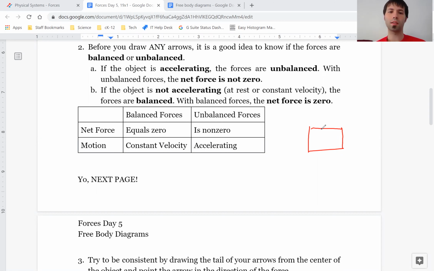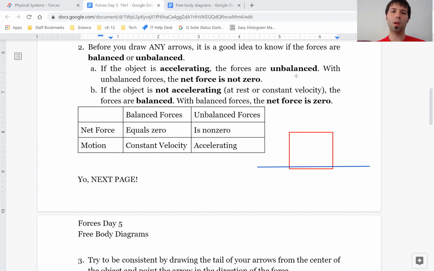So I got my red box there. Let's say my red box is on a tabletop. Let me use a different color. Oops, I just erased my box. I think they gave me a box option. There we go. So say I have a tabletop that my box is sitting on.